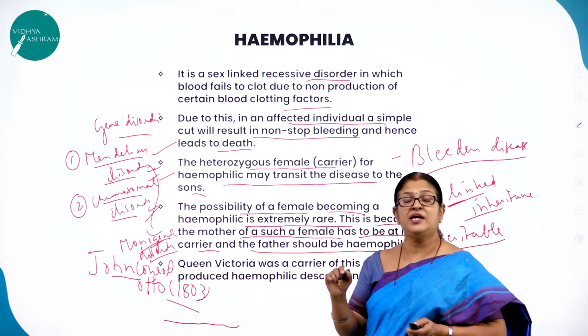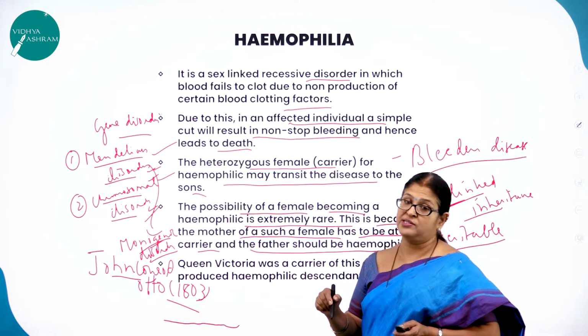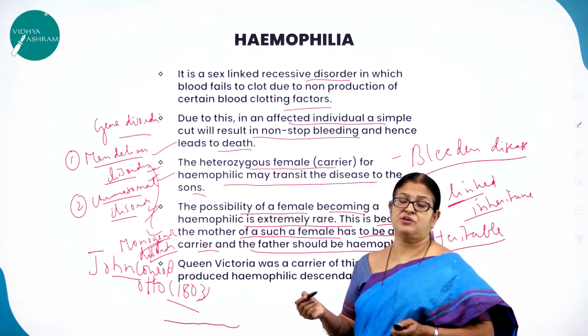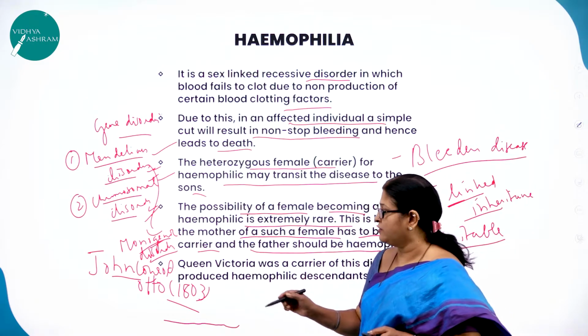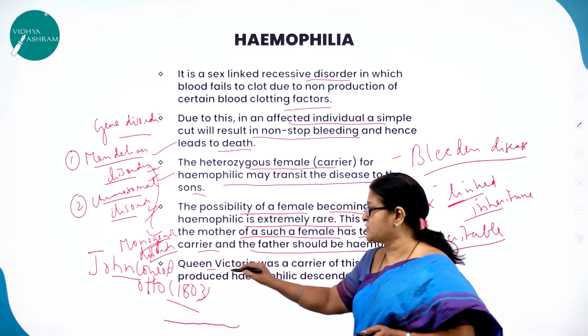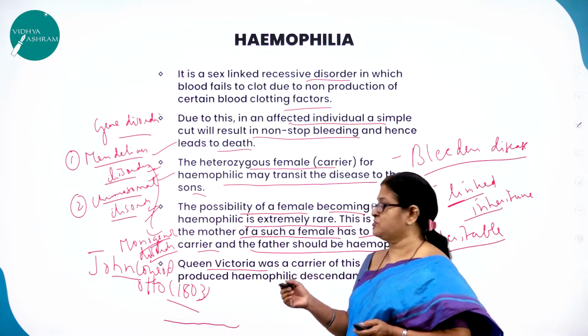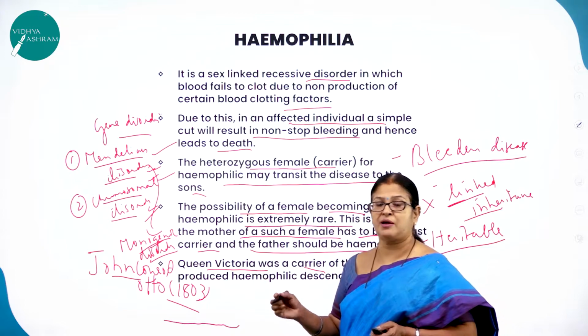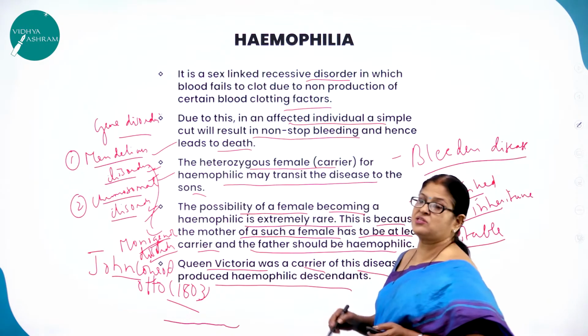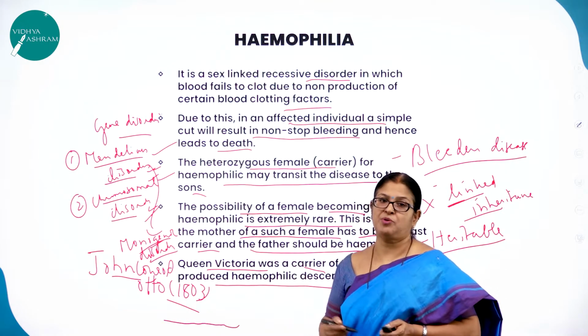In that case, both X chromosomes will have the recessive gene, and there are chances of the female being hemophilic, but otherwise it is very, very rare. As I said, it was first discovered in Queen Victoria's family, and she was a carrier of this disease and produced a number of descendants having hemophilia. So this is about hemophilia.